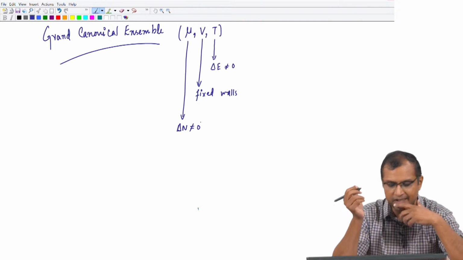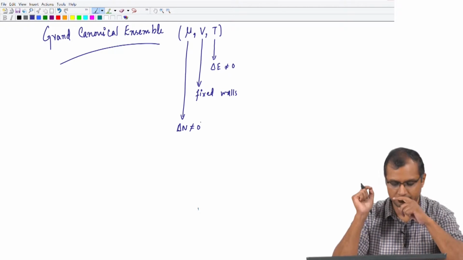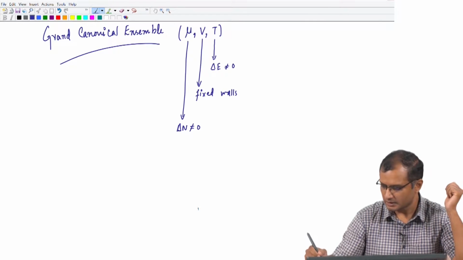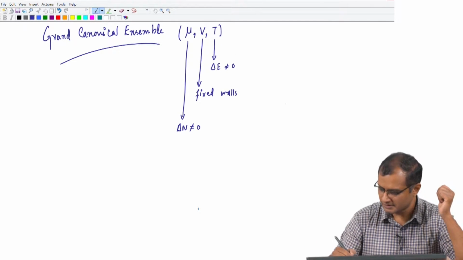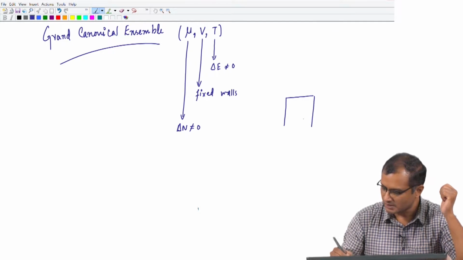So, delta n and delta A represent here exchange of the thermodynamic variable.